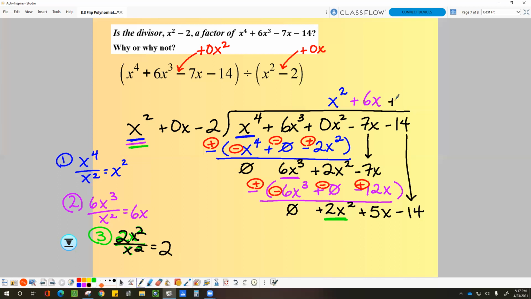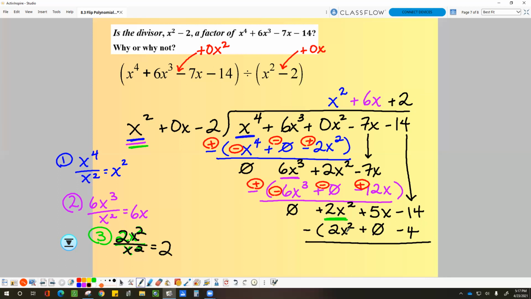So I write plus 2 up here. That's the end of my quotient. 2 times x squared is 2x squared. 2 times 0x is 0. 2 times negative 2 is minus 4.